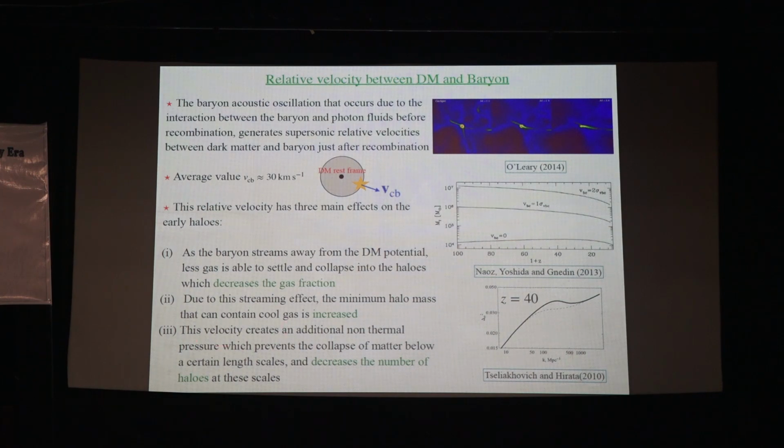The third effect is that this velocity creates an additional non-thermal pressure, which prevents the collapse of matter below a certain length scale and decreases the number of halos at this scale. This effect delays the structure formation, or the onset of the cosmic dawn epoch, as you will see, and that's why it is called a delaying effect.